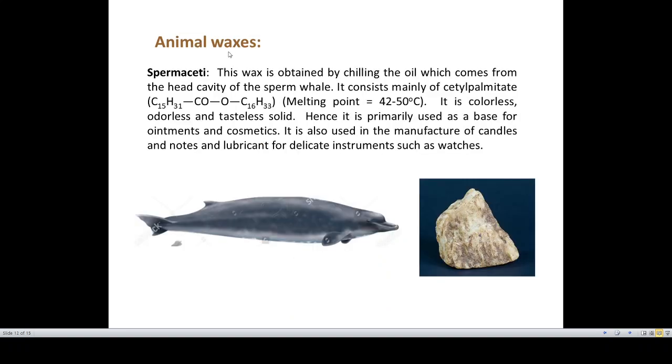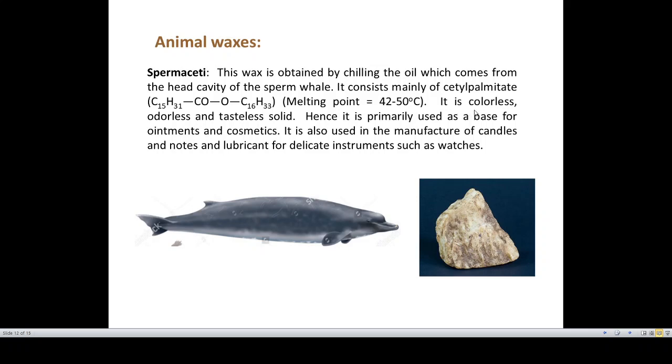And the second example under the animal wax we are going to look at is spermaceti. This wax is obtained by chilling the oil which comes from the head cavity of the sperm whale, and it mainly contains cetyl palmitate. It has a lower melting point, that is 40 to 50 degrees centigrade.